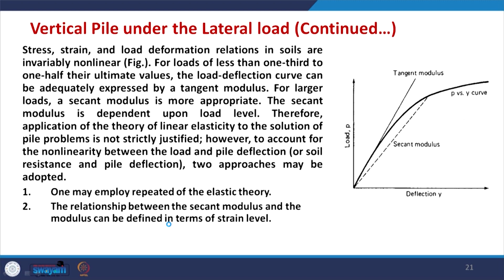So, the actual case is this, but for the initial part up to this point it is almost linear. So, we can have a load deflection relationship up to this point, where the slope of the curve is constant and can be represented by the tangent modulus. However, after that the slope is not constant and varies at different values of deflection.